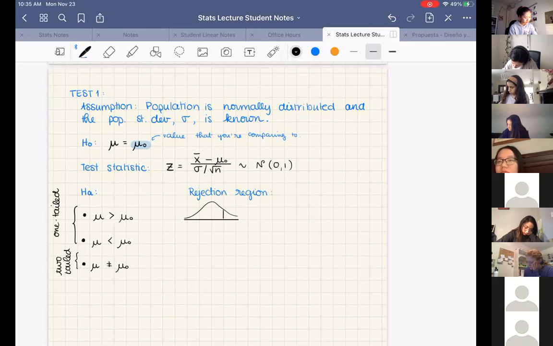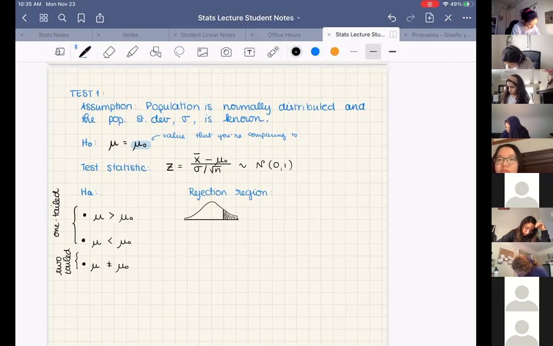So that means that I should only reject if I get extreme results, but extreme results that are high, right? So I will reject that mu is equal to mu naught if I get extremely high results that suggest that my mean is actually larger than the value that I'm comparing it to.